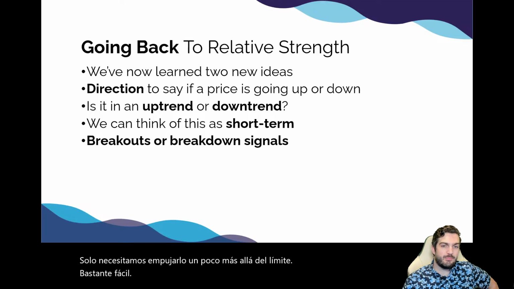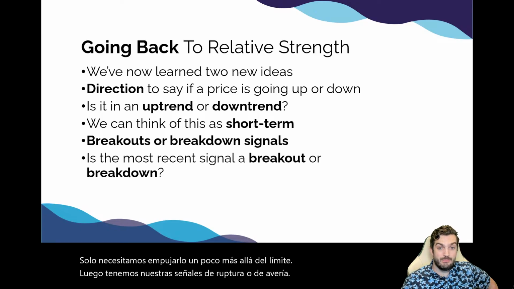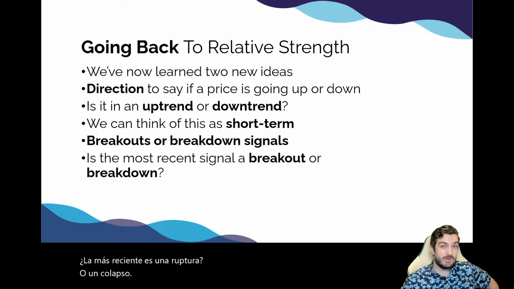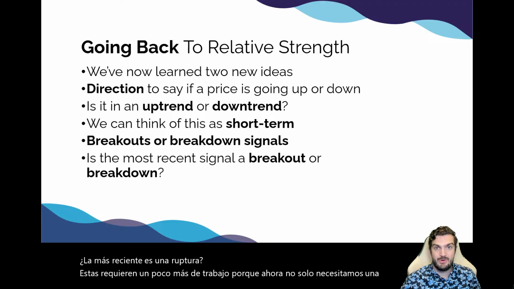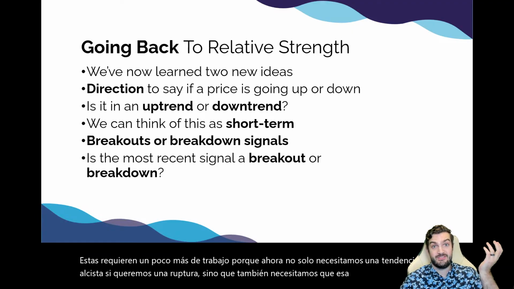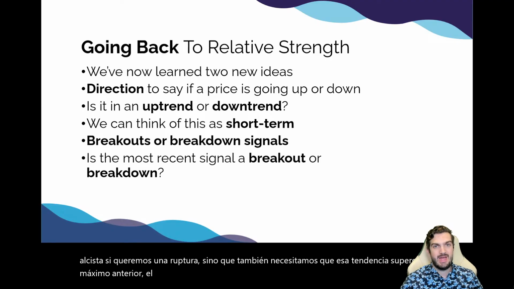Then we have our breakout or breakdown signals. Is the most recent a breakout or a breakdown? These take a little bit more work because now not only do we need an uptrend if we want to have a breakout, we also need that uptrend to go above the previous high, the previous point where an uptrend stopped and reversed.